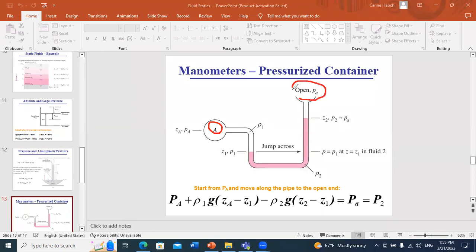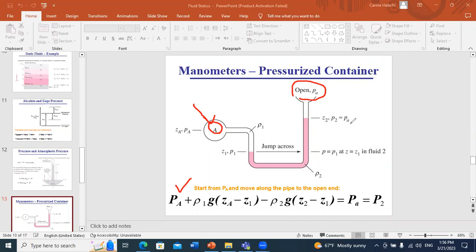The purpose here always is to measure, let's say, your room pressure. You have several devices. In this case, in the pressurized container, you know the pressure PA. So PA is known, and you want to deduce the pressure of your room.